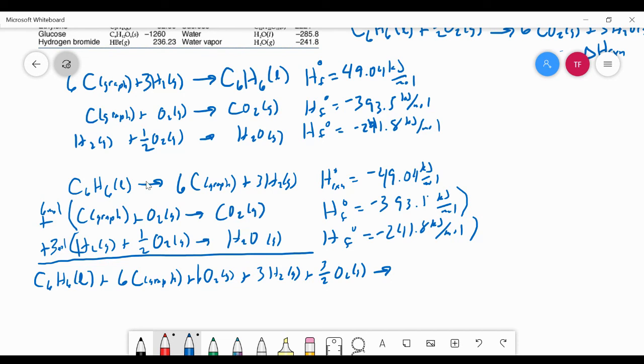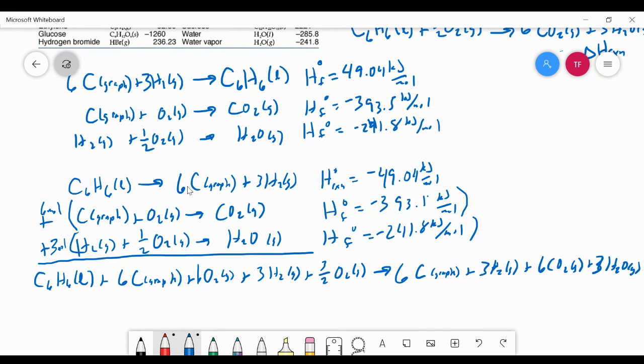And then on the product side, we're going to put everything on the product side, remembering to distribute the 6 and the 3. So 6 carbon graphites plus 3 H2s plus 6 CO2s plus 3 H2Os.